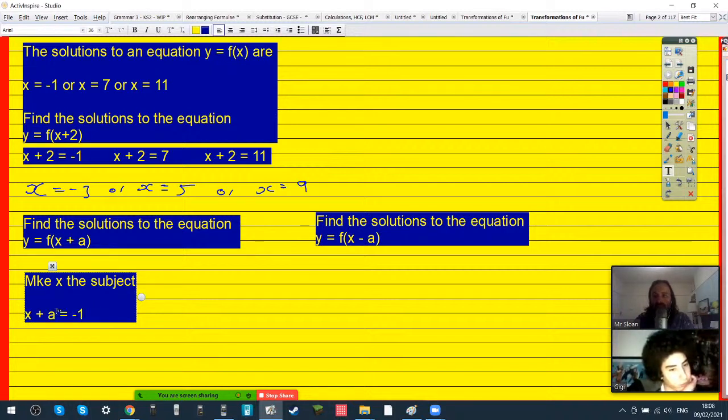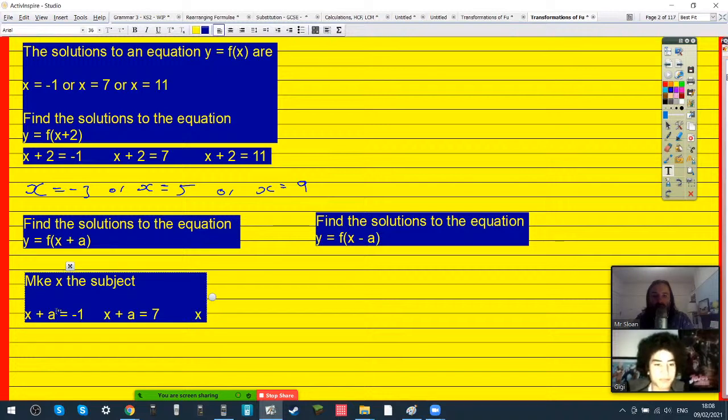So instead of it being plus 2, it's plus a. x plus a equals -1, so -1 minus a equals x. 7 minus a equals x, and 11 minus a equals x. Yes, you've brought it to the other side. That's correct.